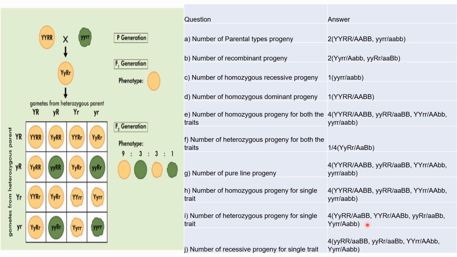So whichever heterozygous combination is there for a single trait, that they have considered here. So it is given as 4, followed by the number of recessive progeny for single trait.